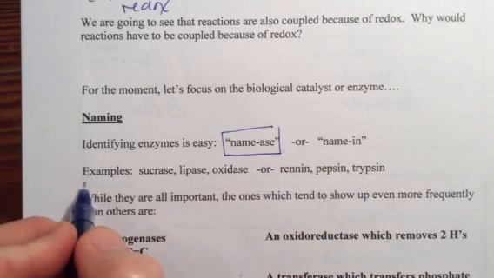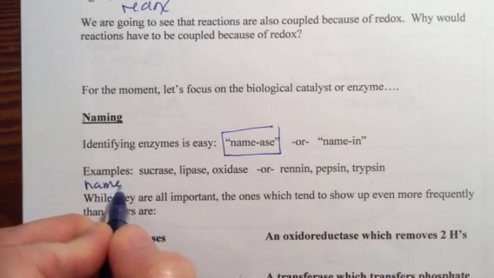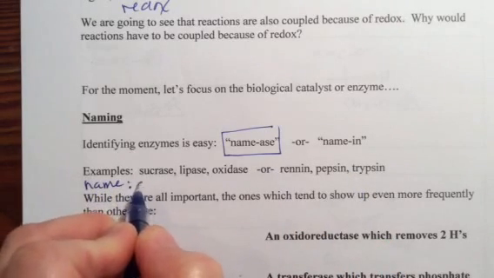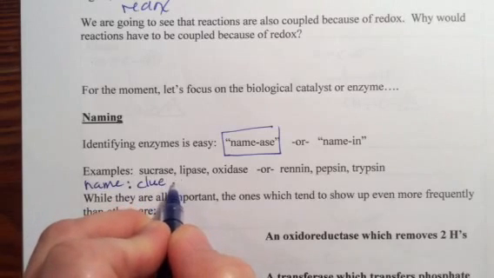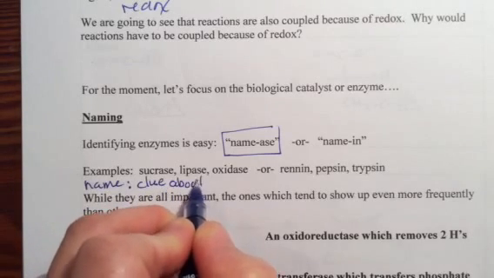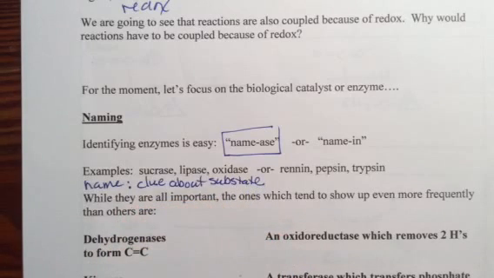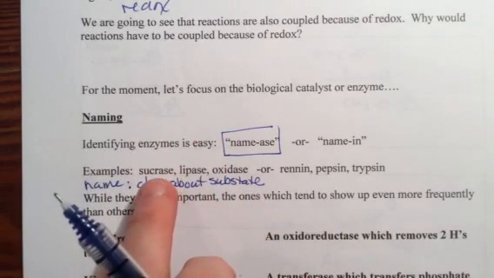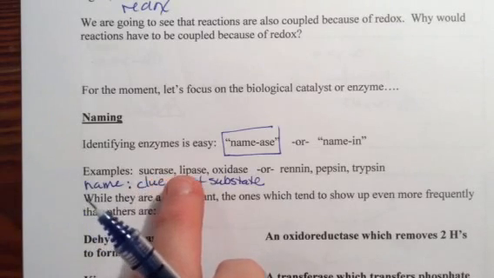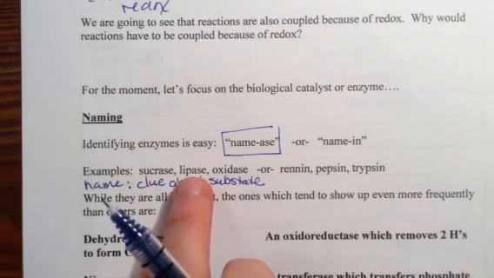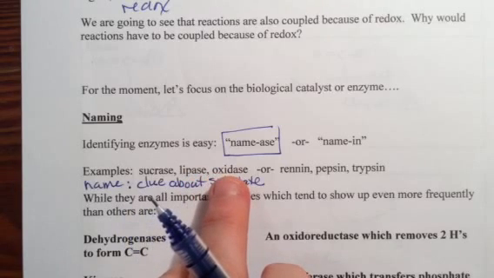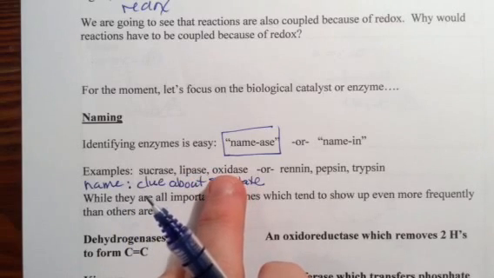Now the name gives you a clue about the substrate. The substrate is that which the enzyme is acting on. So the substrate of sucrase is sucrose. The substrate of lipase is lipid. Oxidases will oxidize, and so forth.